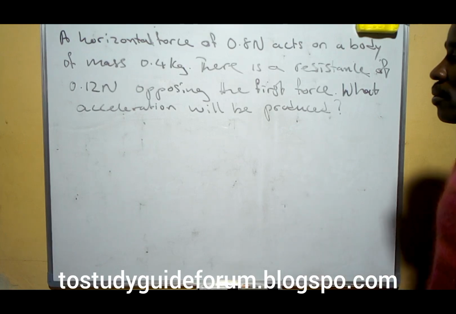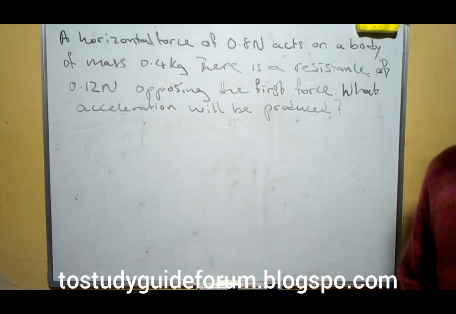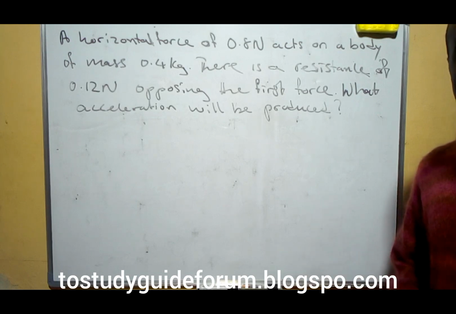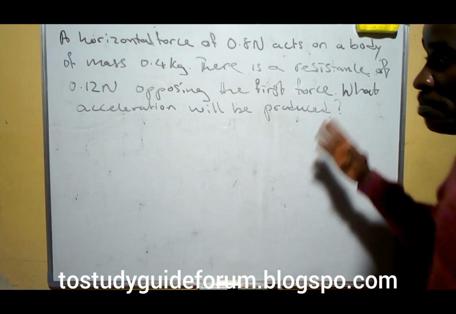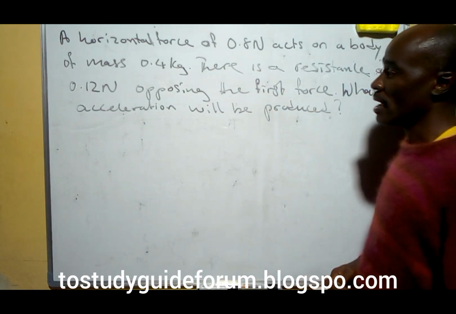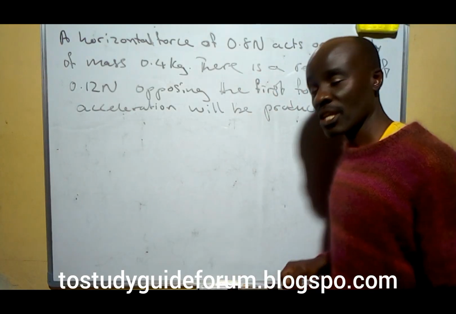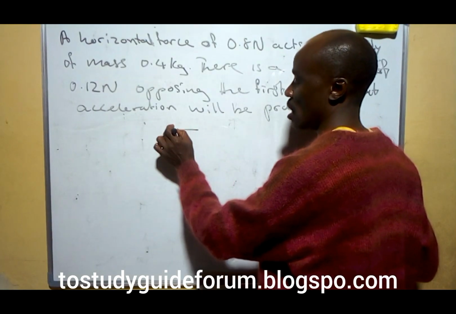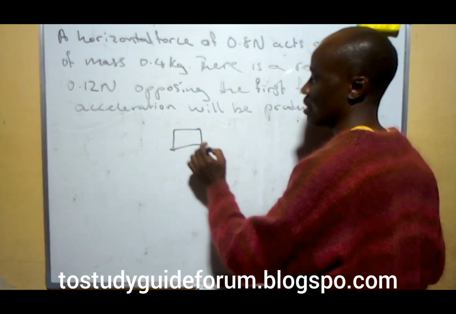Since one force is resisting or opposing the motion of the other, it means that one is going against the other. In that case, let's take a sketch of what is happening in this question.